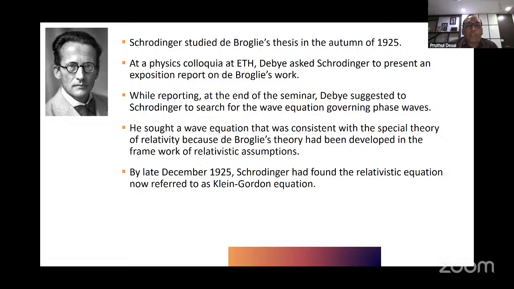So in late December 1925, having worked on various ideas, he ultimately arrives at a relativistic equation, which is now referred to as the KG equation. We will get to how he arrived at it, but ultimately, having worked on de Broglie's theory and using Einstein's idea, he was able to arrive at the relativistic Klein-Gordon equation.